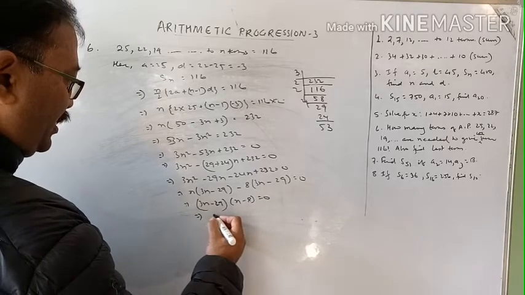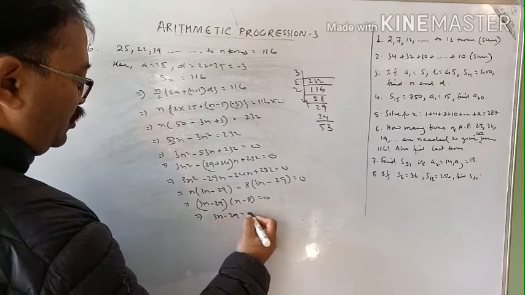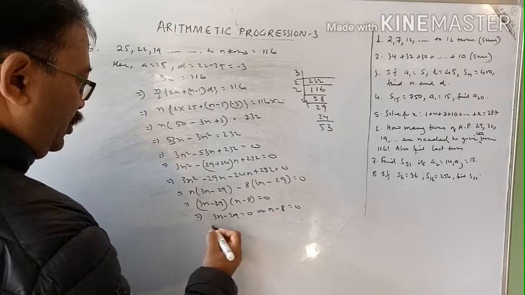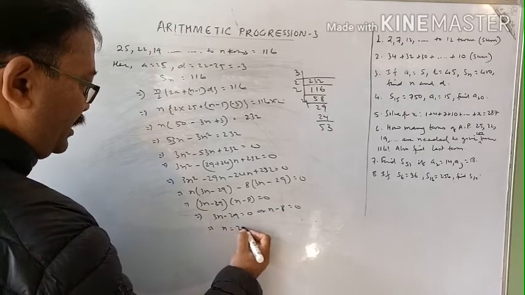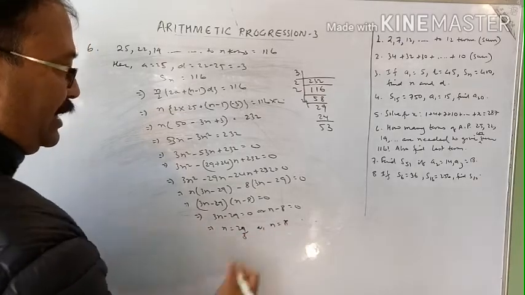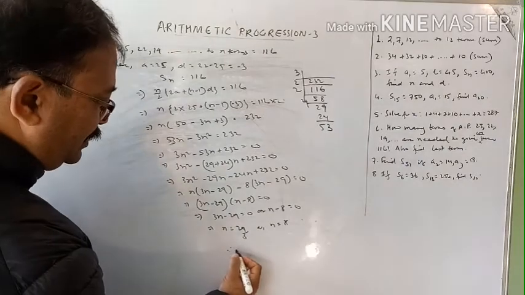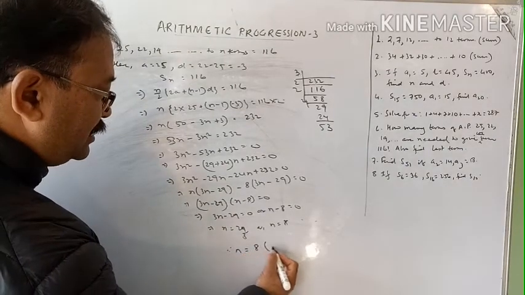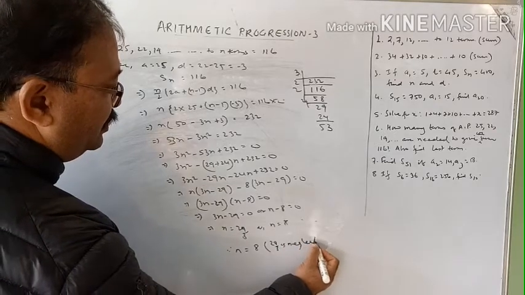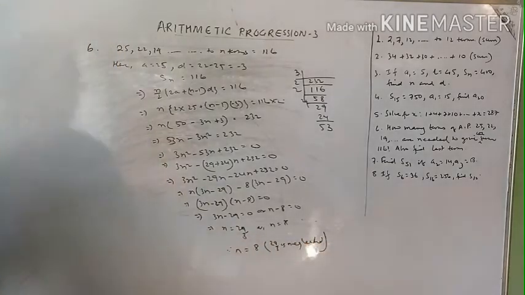That gives 3n minus 29 equal to 0 or n minus 8 equal to 0. So n equal to 29 by 3 or n equal to 8. But n is the number of terms, so we take n equal to 8. 29 by 3 is neglected because it doesn't satisfy the conditions.